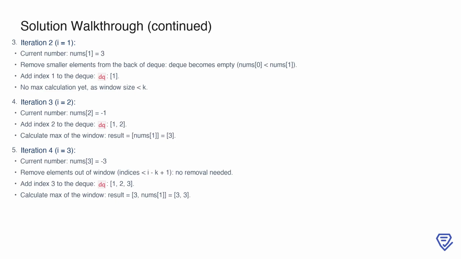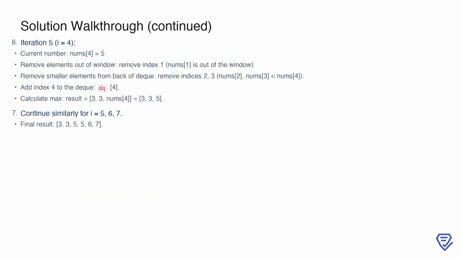The result list is updated to 3. For the fourth iteration, i equals 3, the current number is -3. We check for indices that are out of the window, but none need to be removed. We then add index 3 to the deque, which now holds 1, 2, 3. The maximum for this window is still nums[1] or 3, so the result list becomes 3, 3.